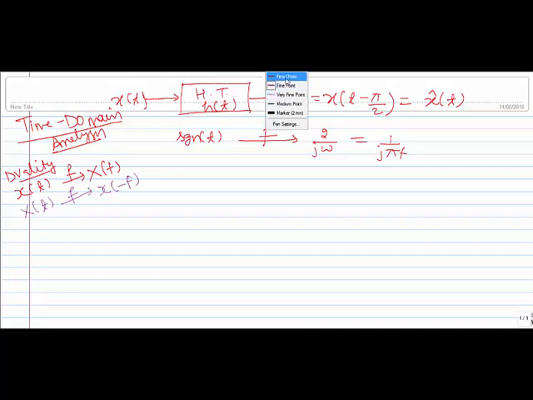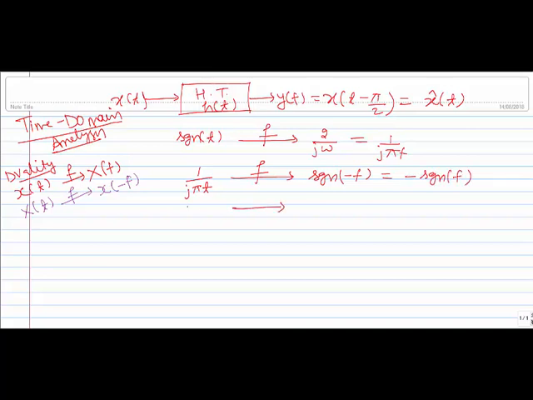Now let us apply duality here. So I'm taking this 1 upon j pi f to the LHS. It will become 1 upon j pi t, replacing f by t, and its Fourier transform will be this signum t, which will go this side and we replace t by minus f. Now since we know signum t is an odd function, signum of minus f will be minus of signum f, right?